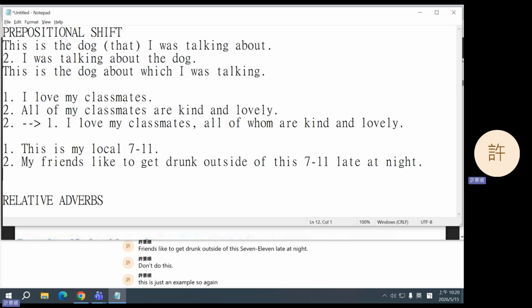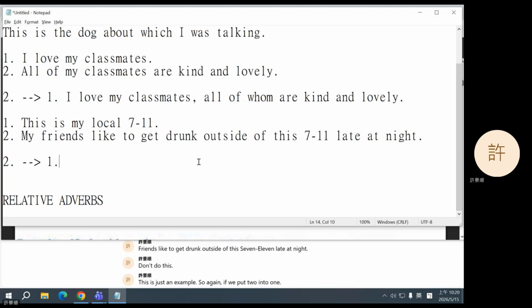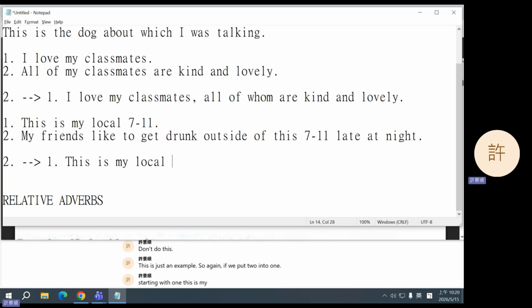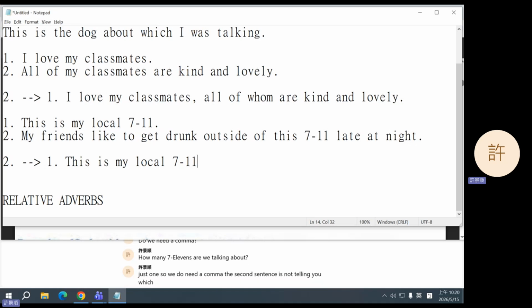So again, if we put two into one, starting with one, this is my local 7-Eleven. Do we need a comma? How many 7-Elevens are we talking about? Just one. So we do need a comma. The second sentence is not telling you which one. We already know which one. Comma.